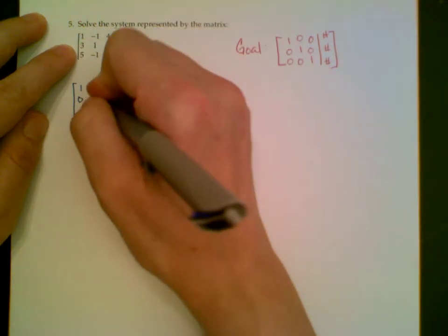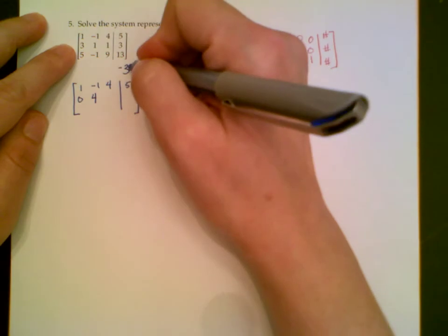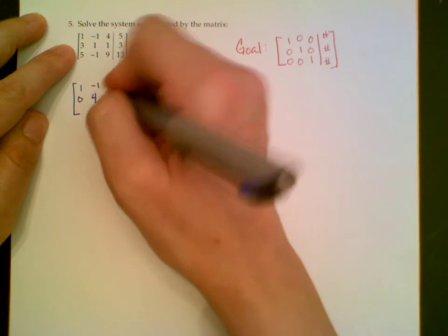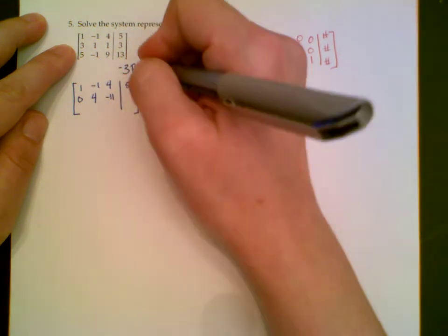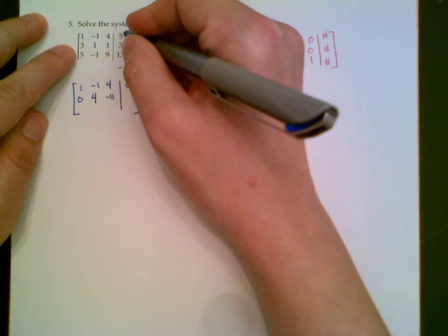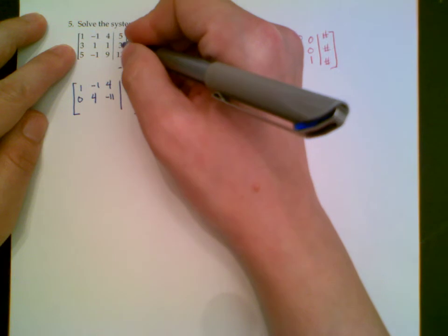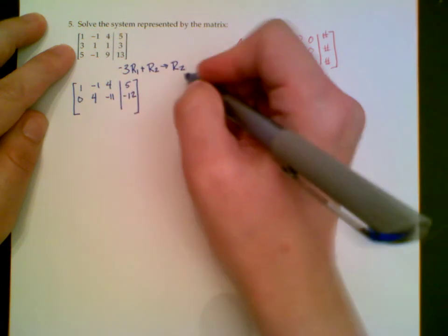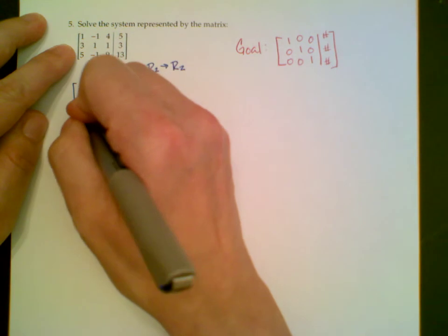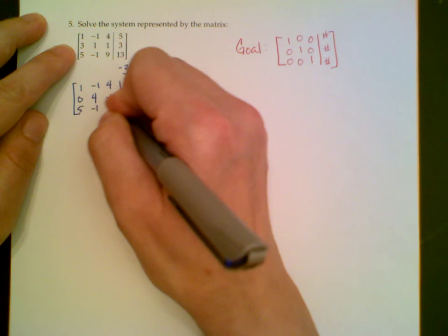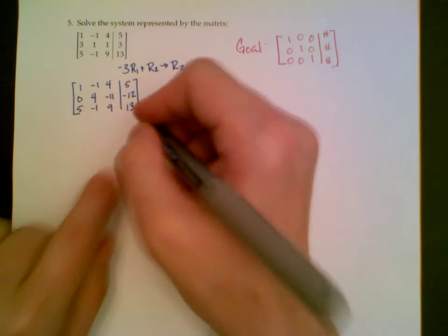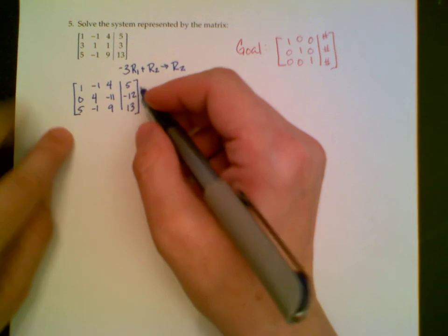I was thinking ahead of myself there. -3 times 4 is -12, plus 1 is -11. -3 times 5 is -15, plus 3 is -12. And then we've got our 5, -1, 9, and 13 there. Just recopying that last row since that doesn't change.